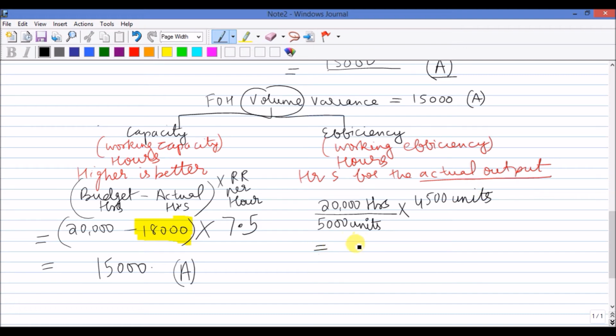So this answer is going to give me budgeted hours for the actual output. Remember, for the actual output you need to remember these keywords. So 20,000 into 4,500 divided by 5,000 is going to give me 18,000 hours.